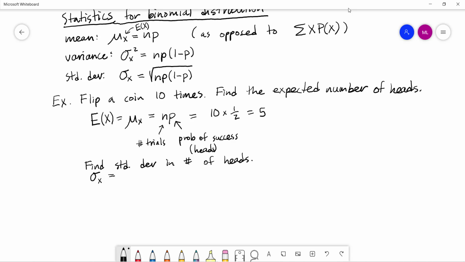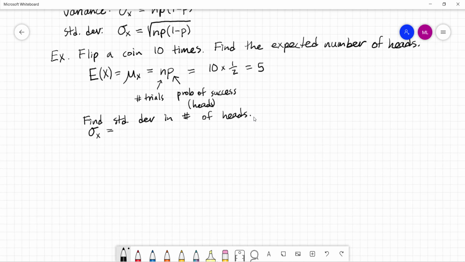Sometimes it'll be 3 times, sometimes 4, 5, 6, 7. It's even possible that it doesn't land on heads at all, or that it lands on heads every time, but those are unlikely. It's just asking, on average, how far will we be from the 5? How consistently are we going to get close to 5? That's what the standard deviation is telling us.